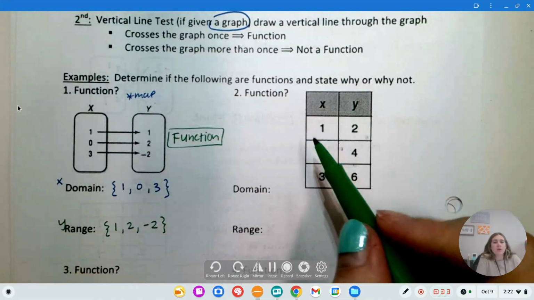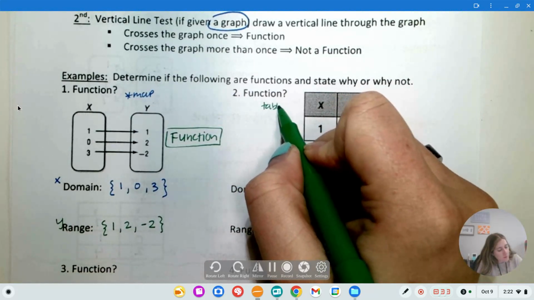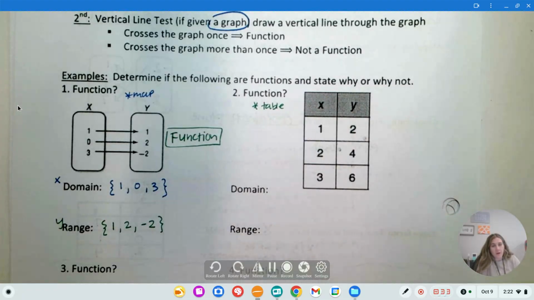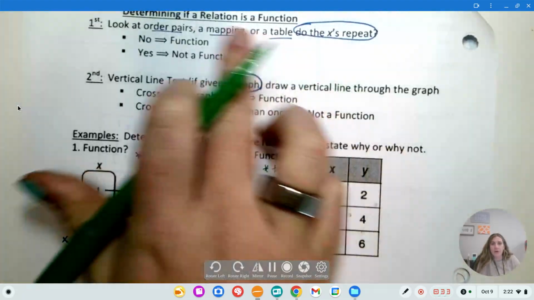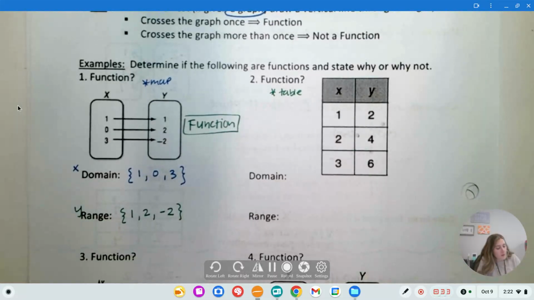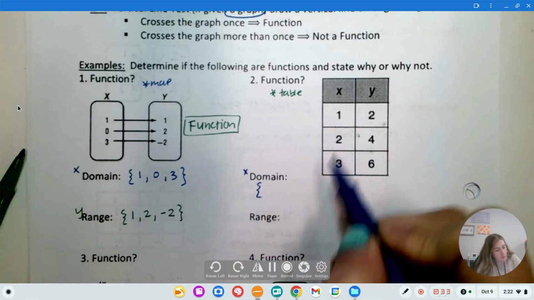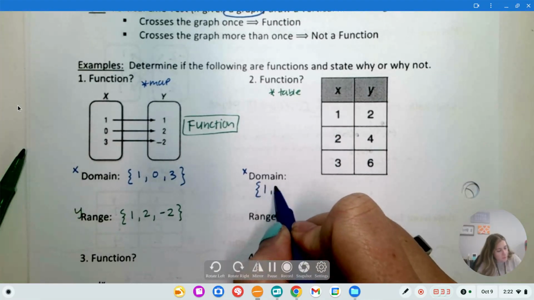Number 2 is a picture of a table. So I'm going to mark that over here, XY table. So again, we're following this guideline here. Do the x's repeat? Okay, domain are the x values. So fancy bracket, list my x's, 1, 2, 3.